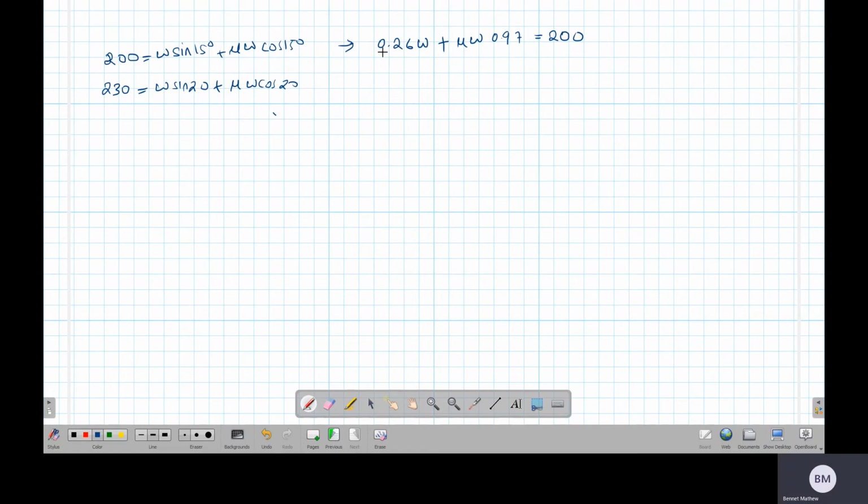It is in degrees, so you should be careful with the calculator; it should be in degree mode. 0.34 for W plus mu W times cos 20. What is cos 20? 0.94 equal to 230.